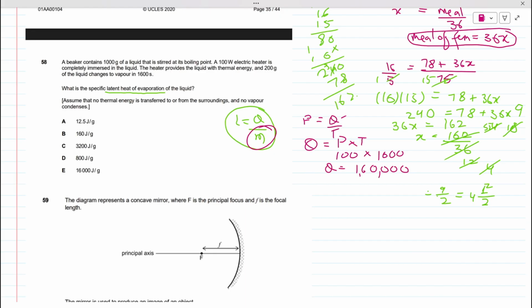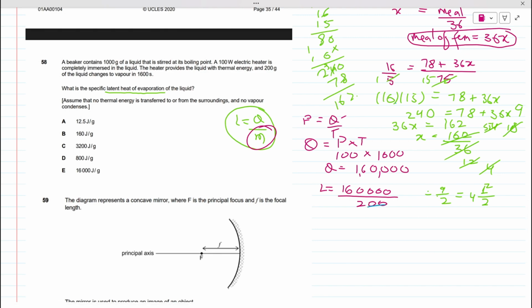Yes, it is 1,60,000. So now we have our energy. We are just supposed to find the latent heat. So latent heat is equal to energy, which is this, per unit mass, and mass is 200.